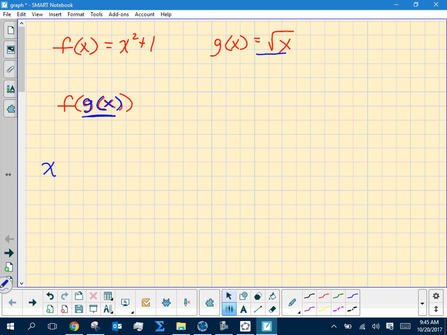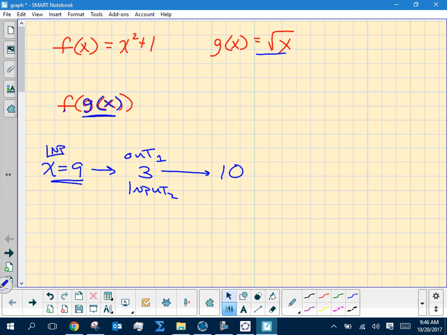So x equaling 9, that's an input, will give me an initial output, let's call it output sub 1, of 3. Now that becomes an input sub 2, so this becomes the second input for this function f, right? And if I plug that 3 into f, I get 10 back.